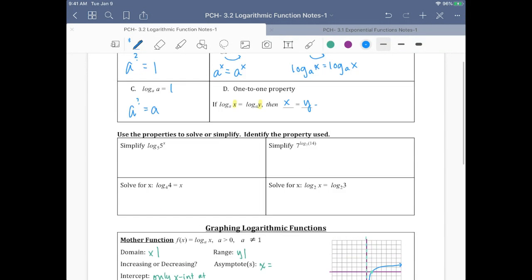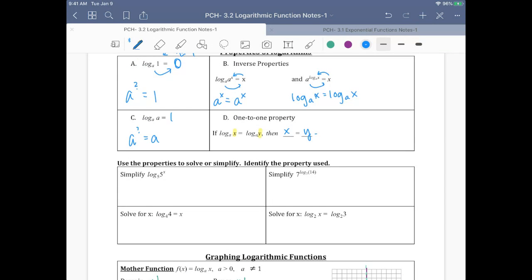We're going to look at our properties. That looks like this one. So I know that this is equal to, basically log base 5 of 5 just cancels to give me x. Or I can switch it and say 5 to the something is equal to 5 to the x. So using my 1-to-1 property, I know that the question mark is equal to x.